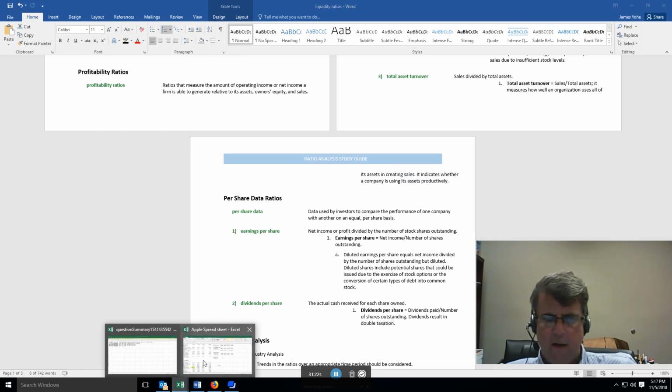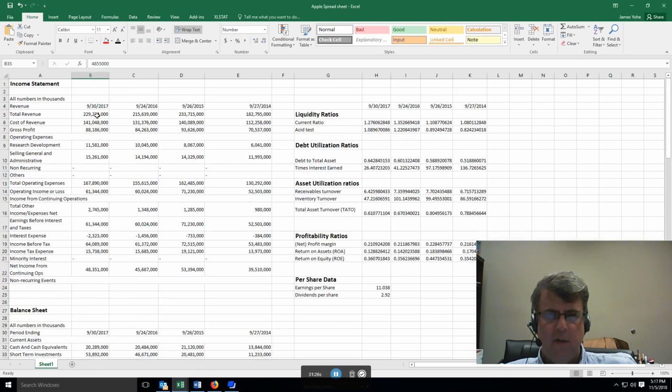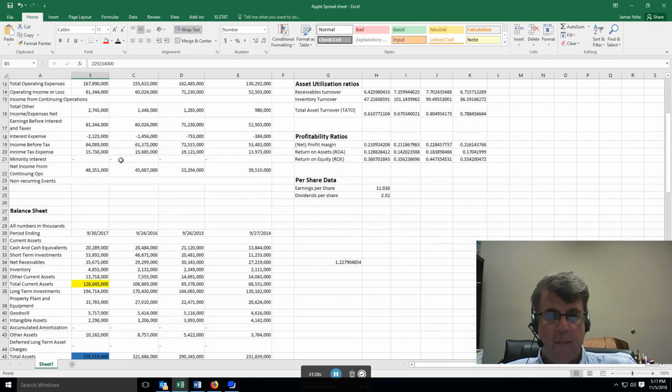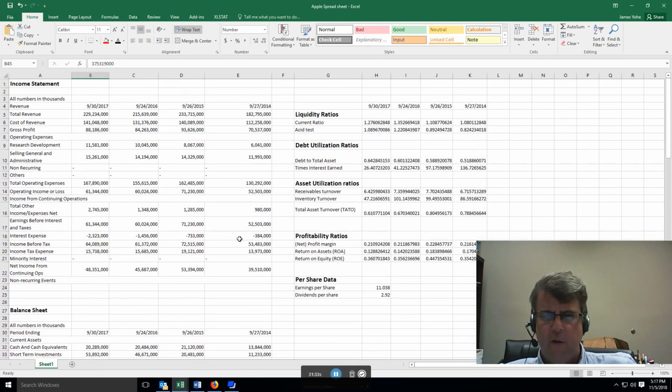So we go back here to our spreadsheet. We're going to take sales, and now we're going to divide it by the firm's total assets here in blue. And if you look here, that total asset turnover rate is 0.61. That, again, is a number that has been significantly going down for Apple.